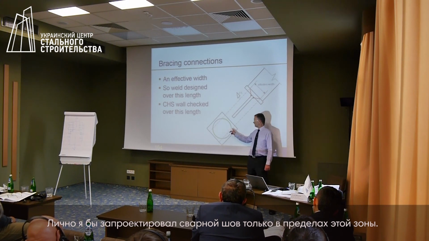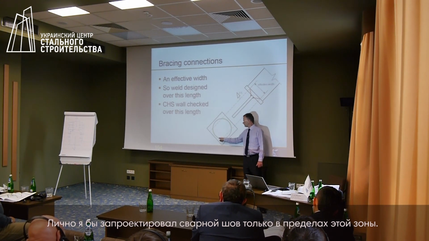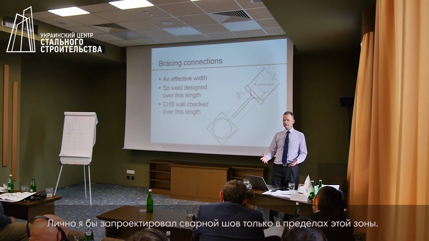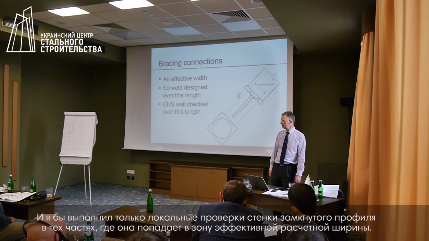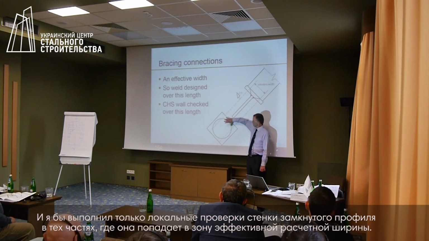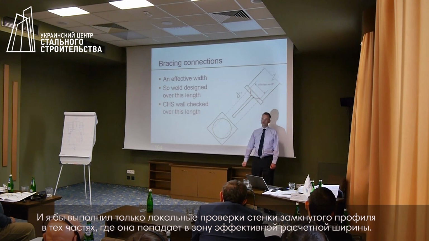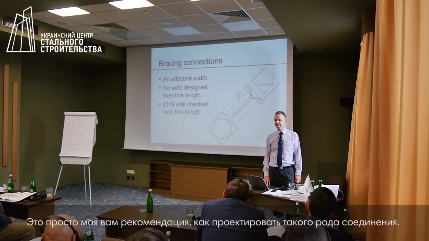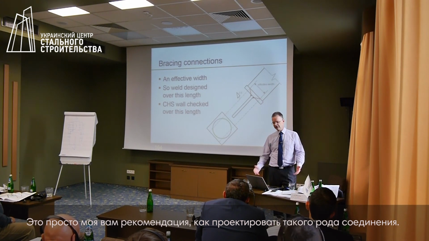So personally, I would design the weld just on the length of weld that falls within that effective breadth. And I would check the wall of the hollow section locally just over the width that falls within the effective breadth. That's my advice on how you should design those connections.